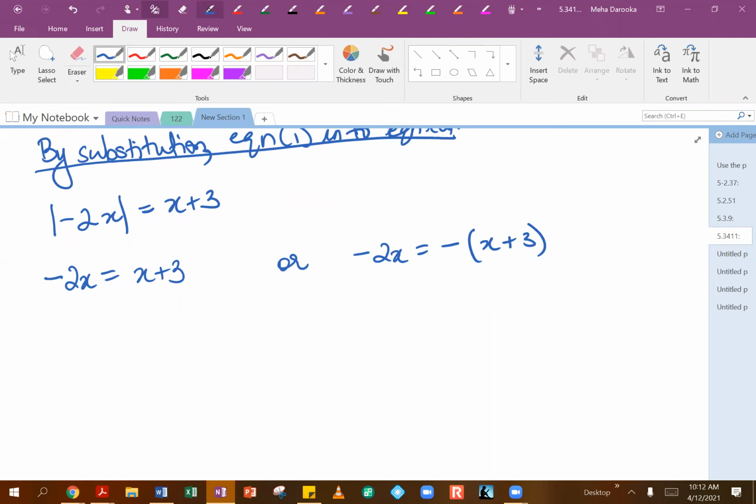So let's start with the left-hand side equation first. Since we want to get x by itself, we'll go ahead and subtract this x, move it over to the left-hand side, and then get your answer for x. So what will the left-hand side give us for the x value?